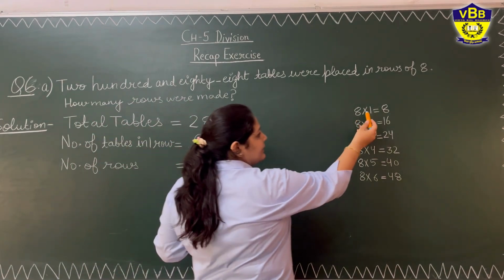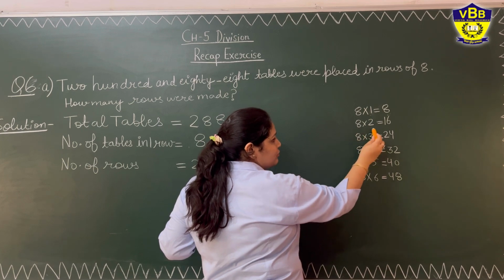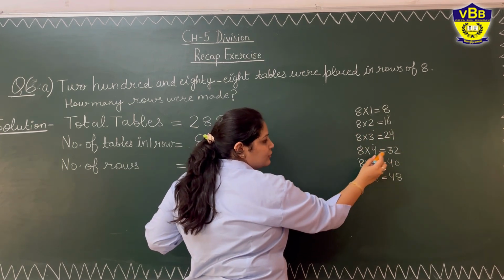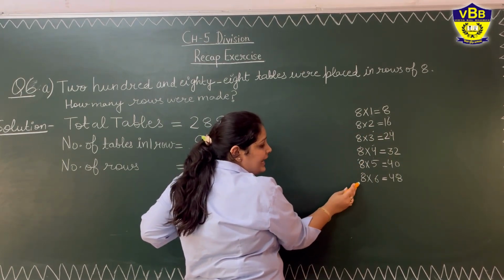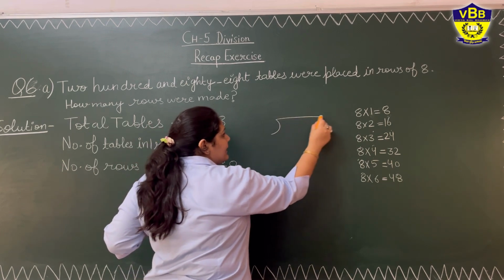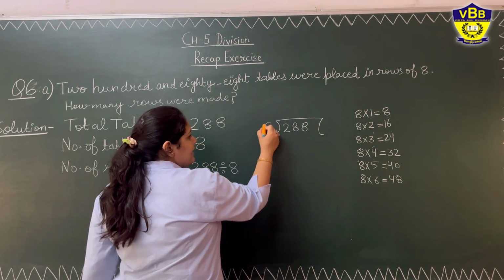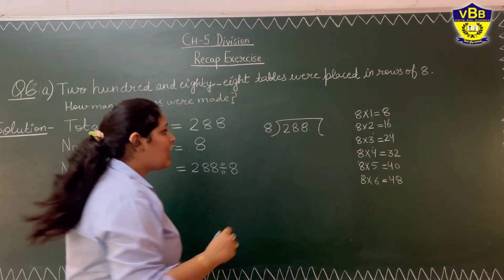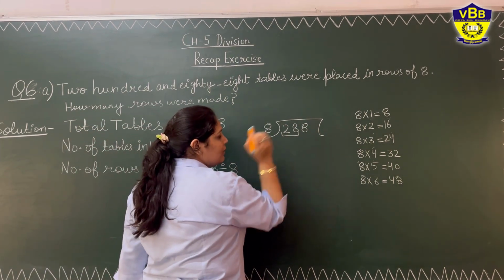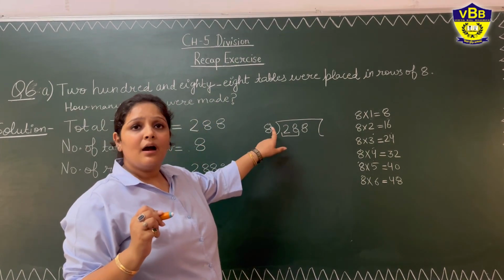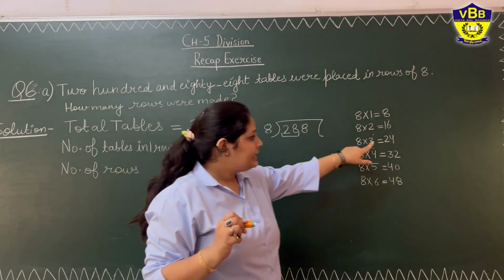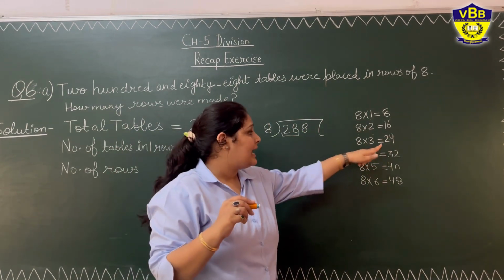So I have written the table of 8. 8 1 is 8, 8 2 is 16, 8 3 is 24, 8 4 is 32, 8 5 is 40, 8 6 is 48. I will write the dividend here, that is 288, and I will write the divisor here. Now 2 is smaller than 8, so I will take the two numbers. 28 doesn't come in the table of 8, so we will take the smaller number than 28, that is 24.